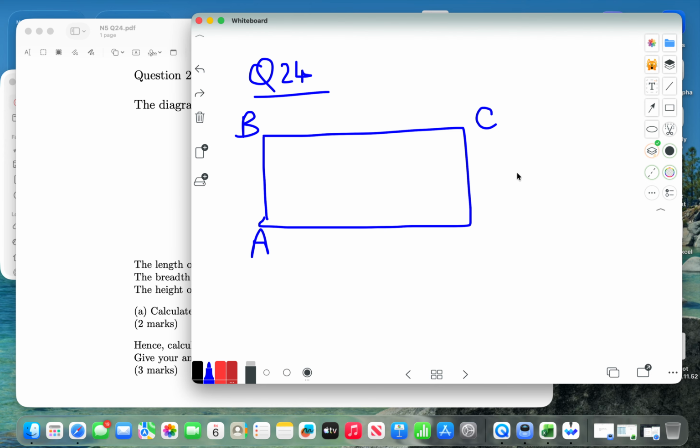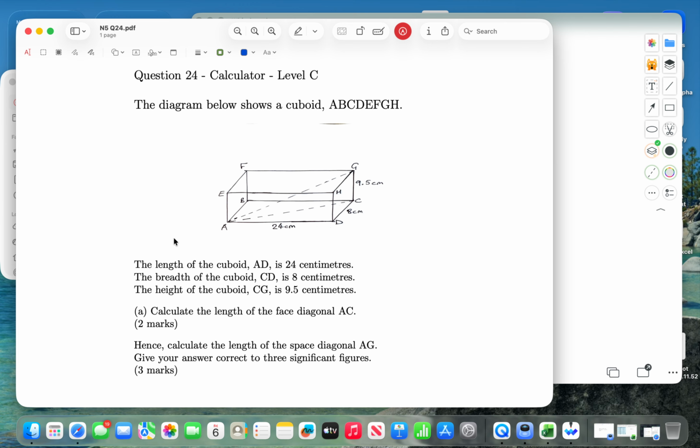This is one of the more difficult questions at level C. Had I not split it into two parts, this would be at least a level B, but because I've given you the hint in A, this would make the question a bit more simple.